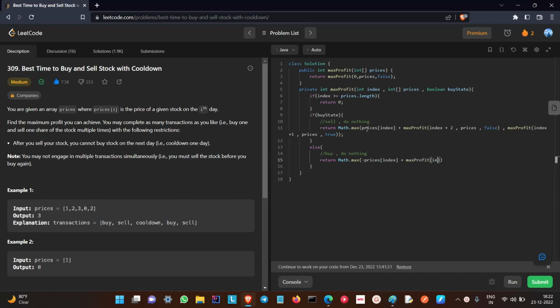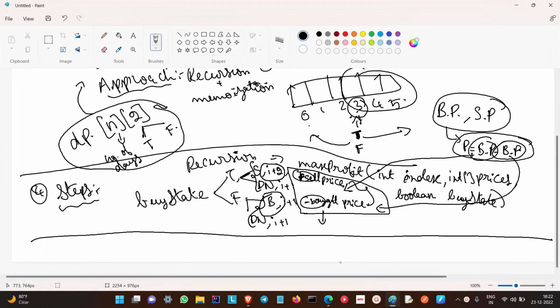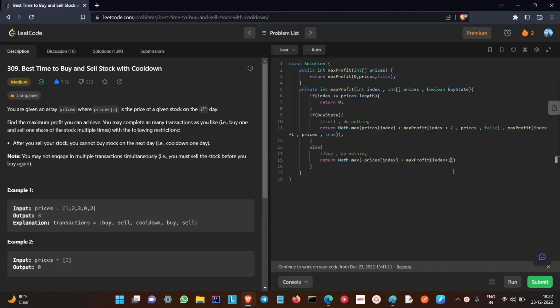We are moving i plus 1 when we are buying. So here we have i plus 1 and we have reduced the profit, and the buy state will be changed to true since we have bought the stock.